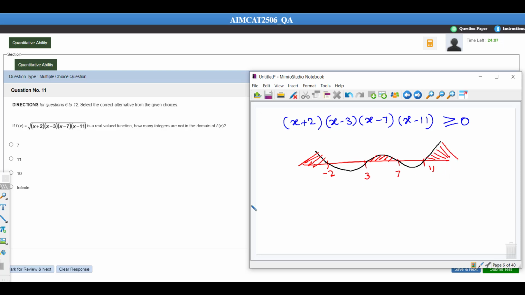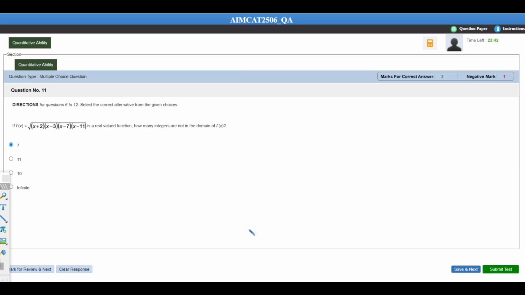So which integers do not satisfy, everyone? Minus 1, 0, 1, 2. Over here 8, 9, 10. So total 4 and 3, total 7 integers do not satisfy. For these 7 values of x there is a negative number under the root. So these 7 values are not in the domain.